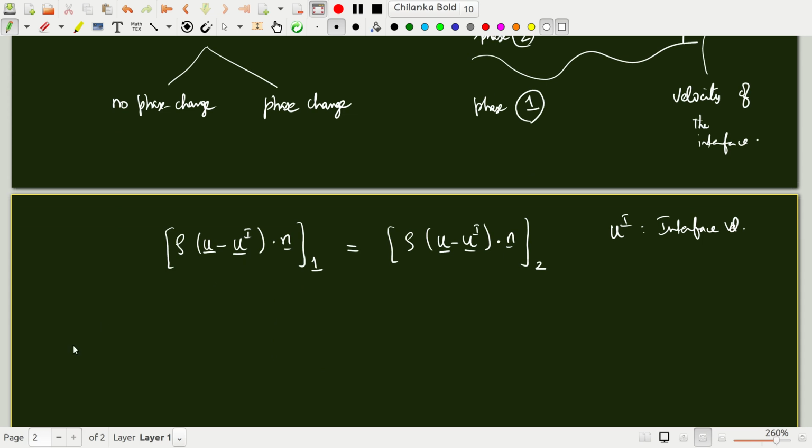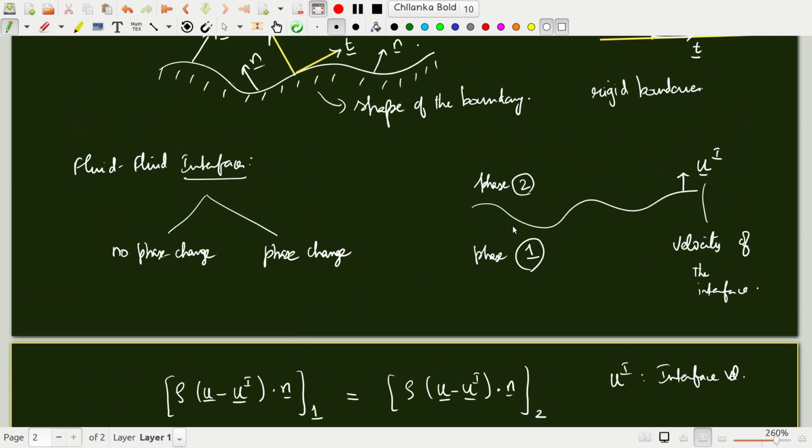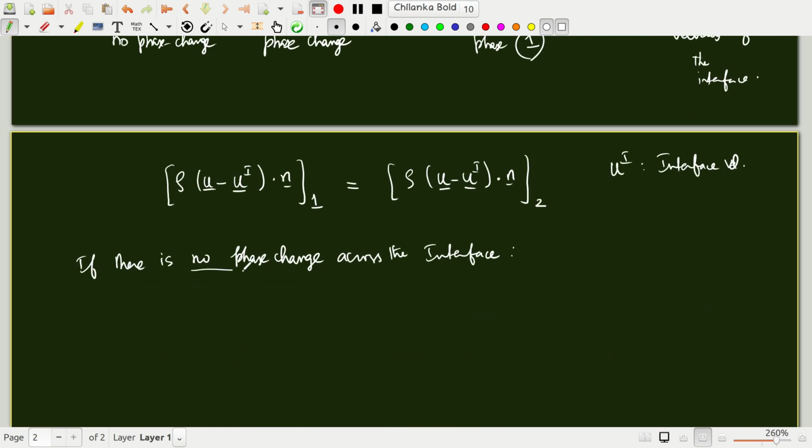Okay. Now, if there is no phase transformation across the interface, if there is no phase change across the interface, then what you can say is that there is mass flux across the interface only if there is phase change. If there is no phase change, then both these terms have to be individually equal to 0, because there is no mass flux across the interface.